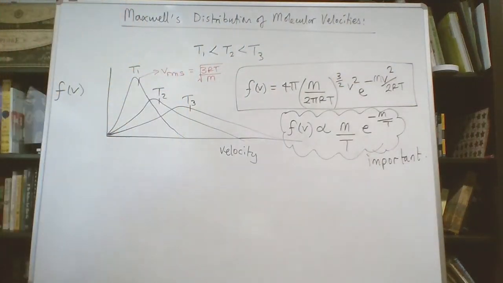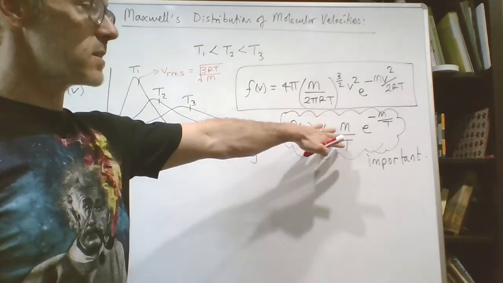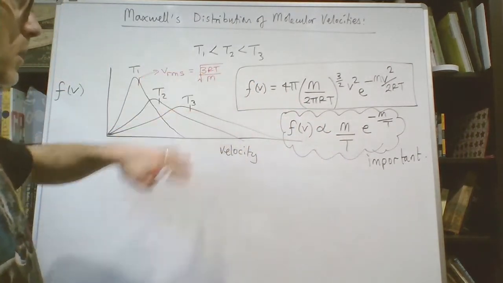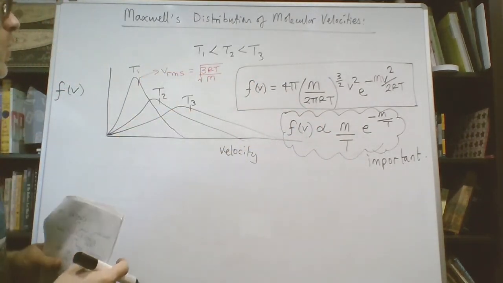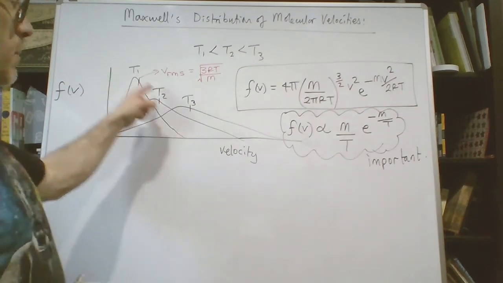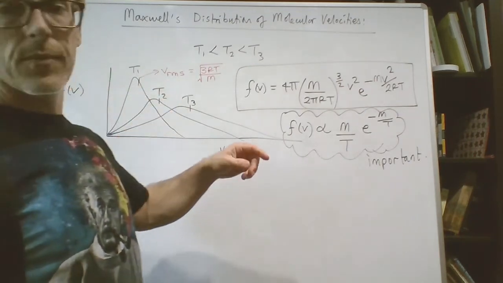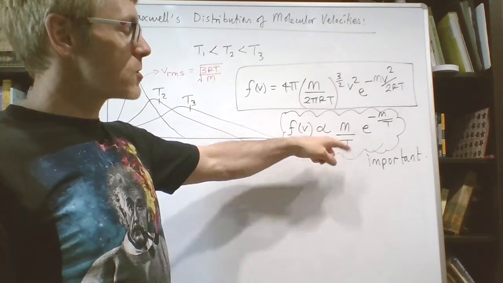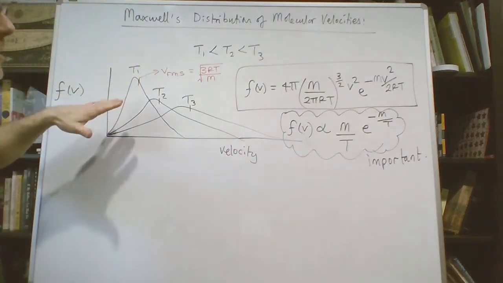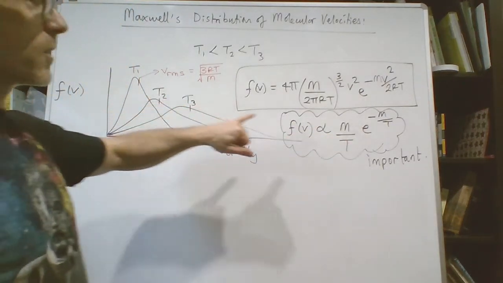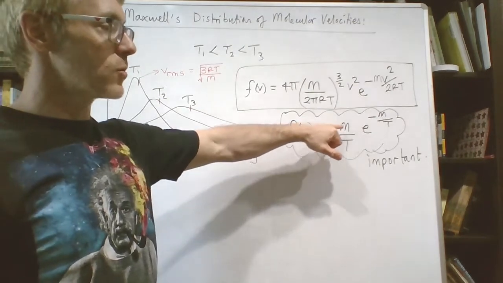Okay, so let's see if we can see this equation in our plot. First of all, let's look at temperature because that's what we have. We have temperature as a denominator, so I can see that the function is proportional to 1 over temperature.